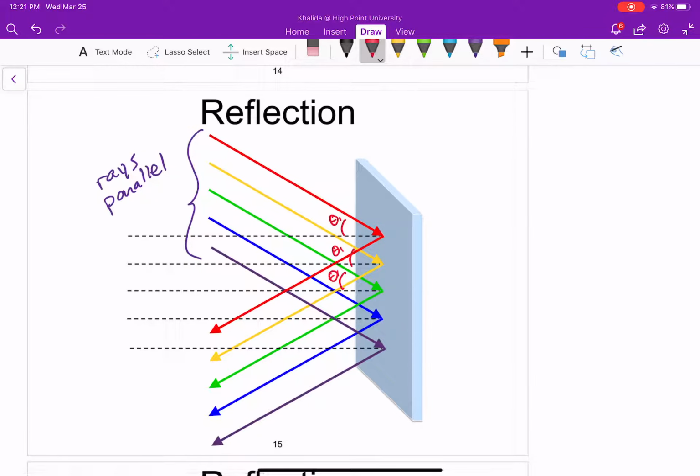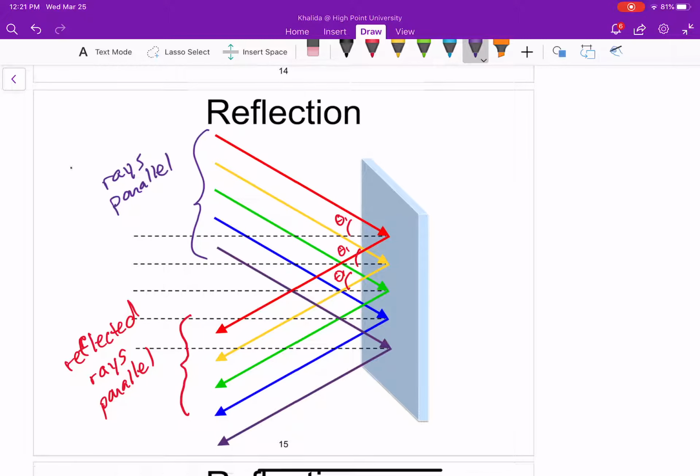So your rays coming out are also going to be parallel. So when this happens, any information that is being transmitted in these waves is also reflected in a perfectly orderly fashion in the reflected waves. So what this means is that you will get a nice, smooth, clear reflection.